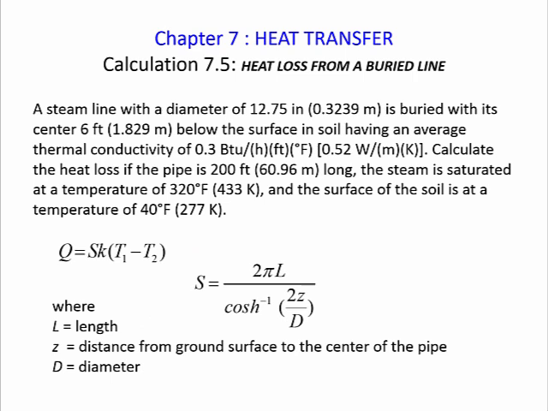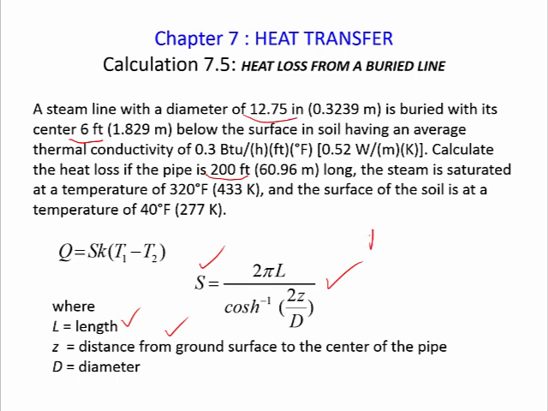Also, the shape factor S is given by this equation, where L is the length, which is given to us as 200 feet in this problem. Z is the distance from the ground surface to the center of the pipe, which is given to us as 6 feet, and D is diameter, which is given to us as 12.75 inches.